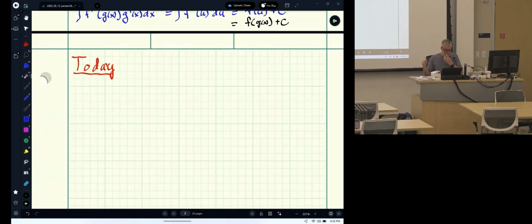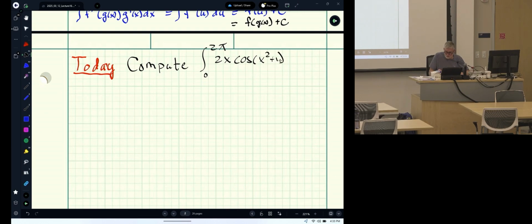So as a warm-up problem, what I'd like you to do is take 2 minutes and compute the definite integral from 0 to 2 pi of 2x cosine of (x squared plus 1) dx.